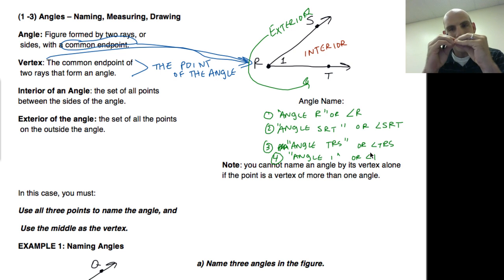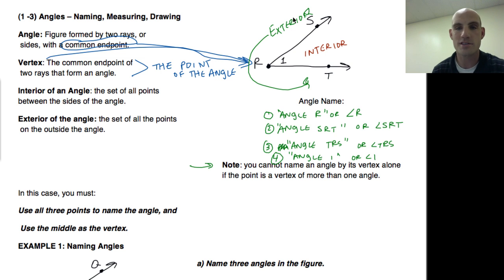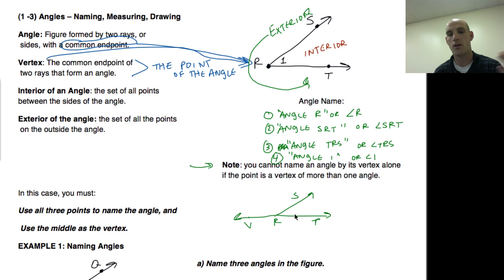Now, because this angle is standalone, it has these 3 points, there's no other angle connected to it, all 4 of these apply. But if we take this note here, you cannot name an angle by its vertex alone if that point is a vertex of more than one angle. Notice there's only one angle attached. For example, if I had this S, T, and there was V, I couldn't say angle R because angle R could be this one over here, it could be this big one here, or it could be the whole thing.